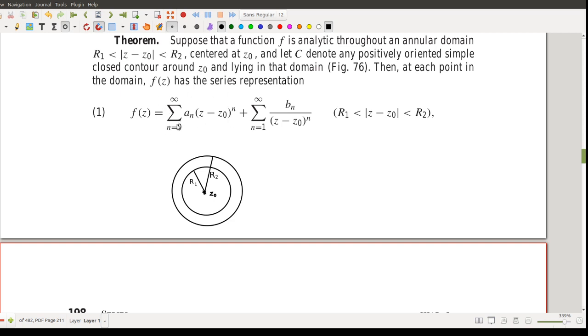One part contains only non-negative powers, and the next part contains negative powers. So f(z) is equal to the summation n = 0 to infinity a_n (z − z0)^n plus the summation n = 1 to infinity b_n/(z − z0)^n in this annular region.